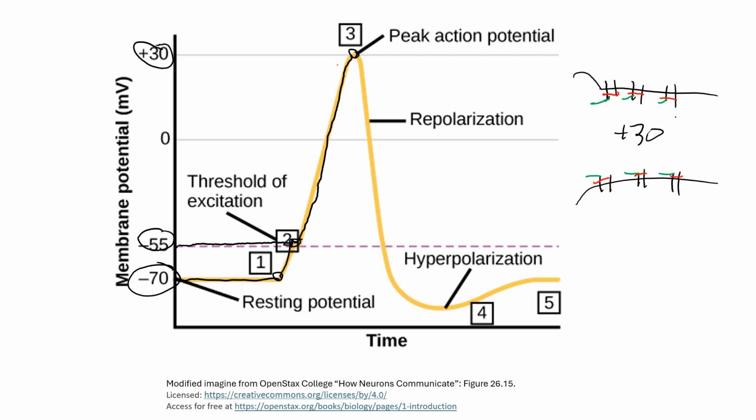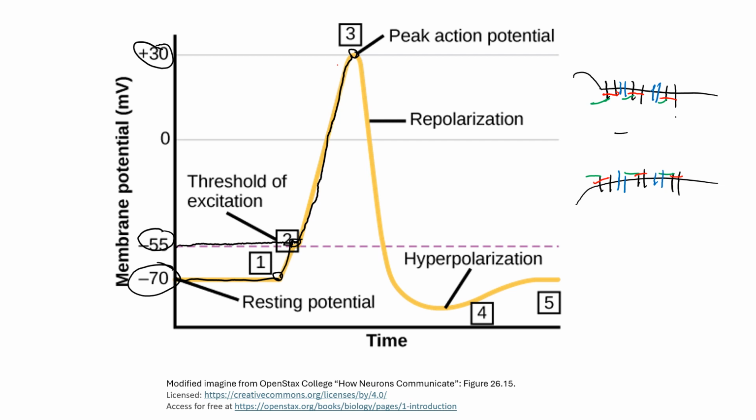And the next thing that occurs at positive 30 millivolts is the voltage-gated potassium channels are also about to open, or do open. So at positive 30 millivolts, the voltage-gated sodium channels shut, specifically the inactivation gates close. Additionally, at positive 30 millivolts, the voltage-gated potassium channels open.